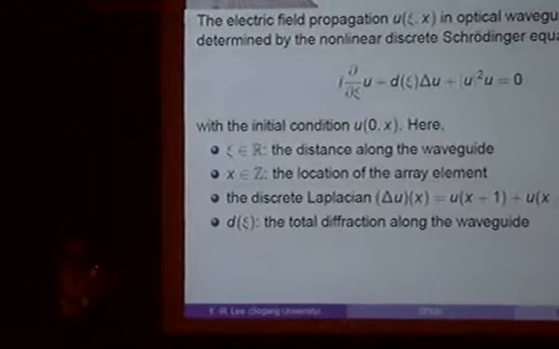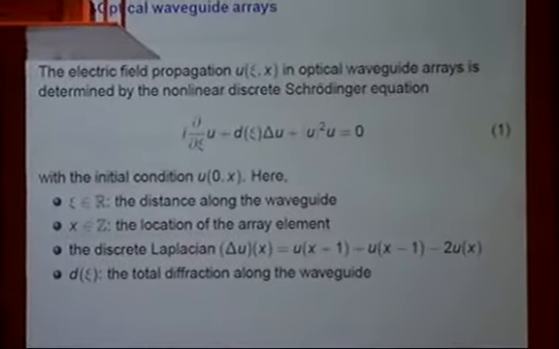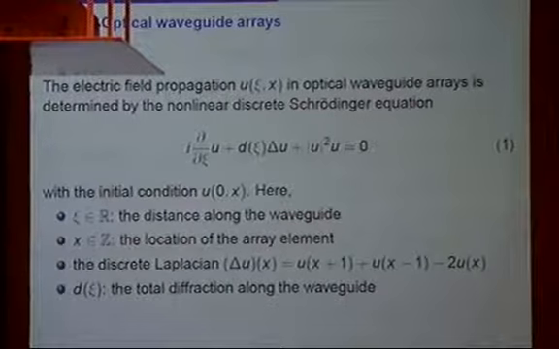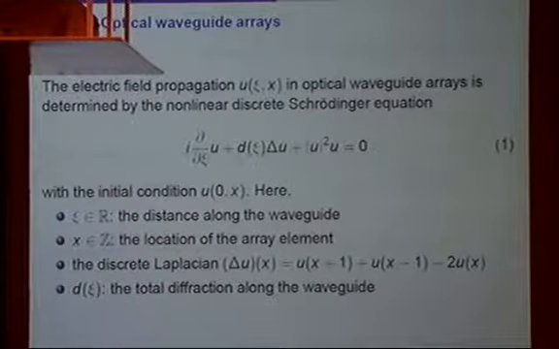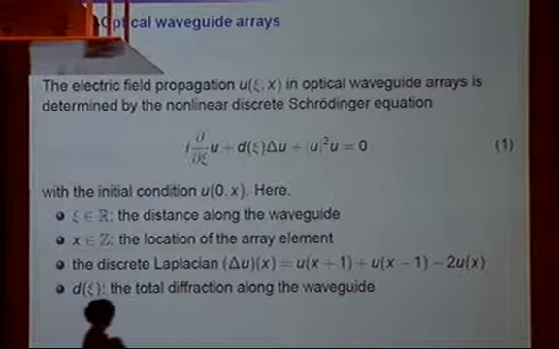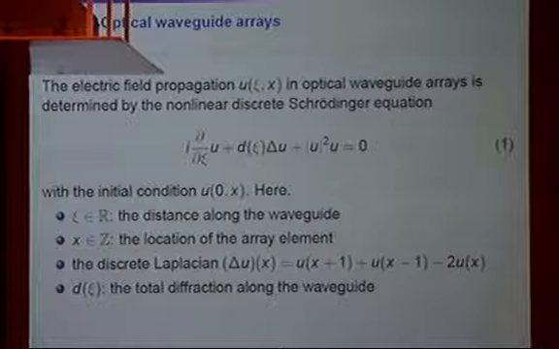So if you consider the spectrum, you can ignore that constant shift and just consider the sum of only the closest neighbors. And unusually, we have some function of psi, not a constant, multiplied by this discrete Laplacian, and this d of psi is for the total diffraction along the waveguide.